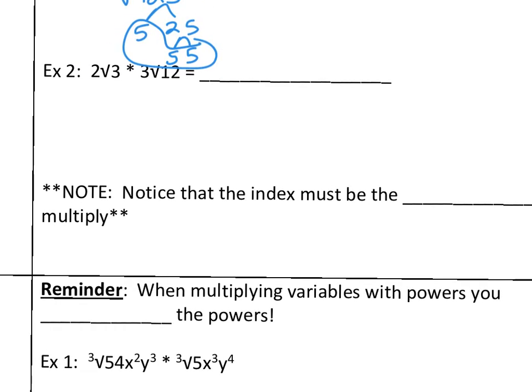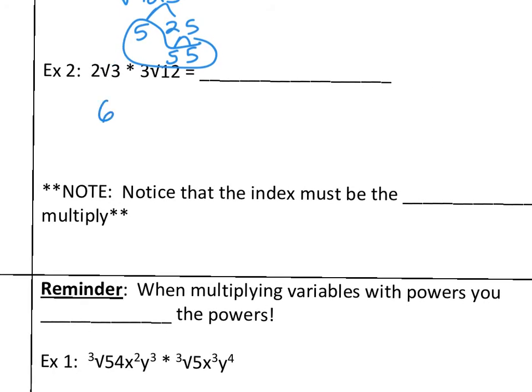Next one: 2 square root of 3 times 3 square root of 12. We're going to multiply the coefficients first: 2 times 3 is 6. Draw my square root symbol here: 3 times 12 is 36. Can 36 break down further?